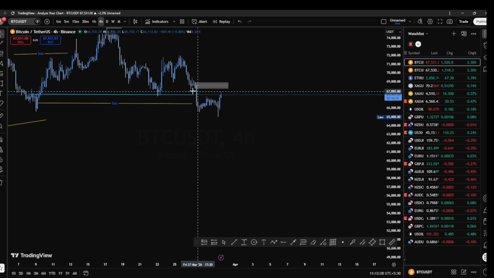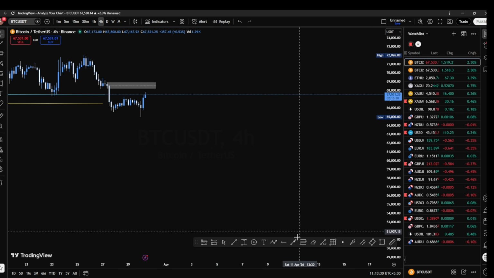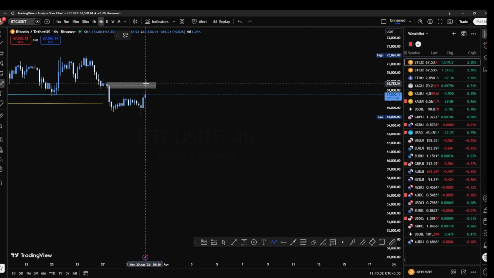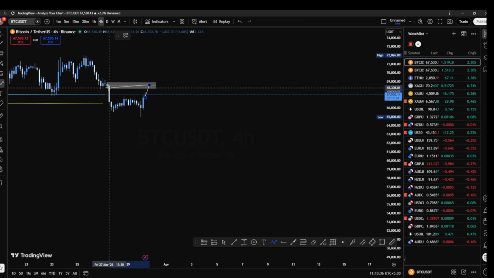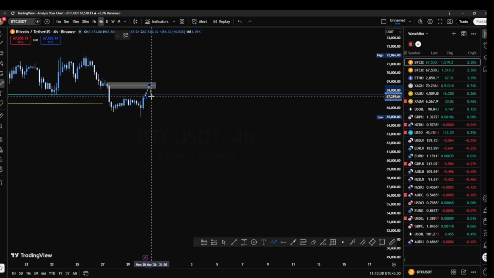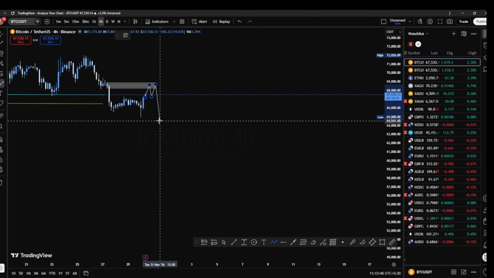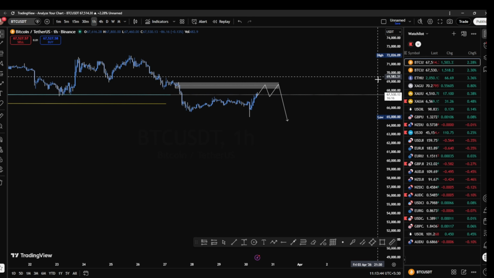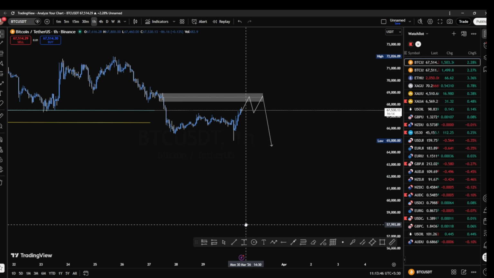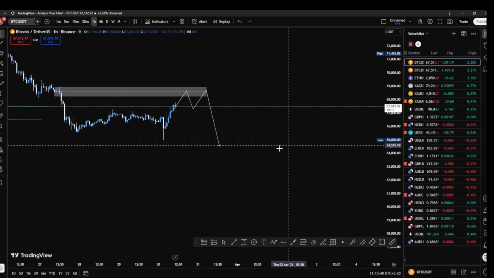So what can we do right now? If we had any opportunity here, this is the supply level, especially in the 4 hour time frame, and if we see any breakup structure to the downside in a lower time frame, we will definitely go downside. This is for BTC especially right now.